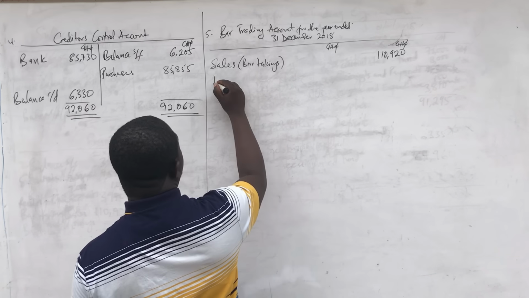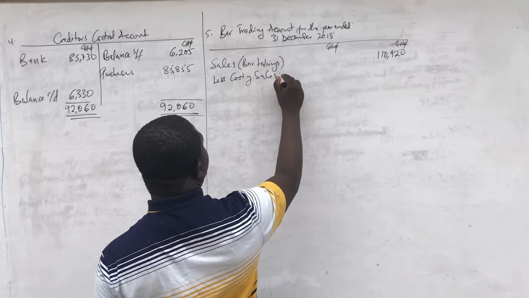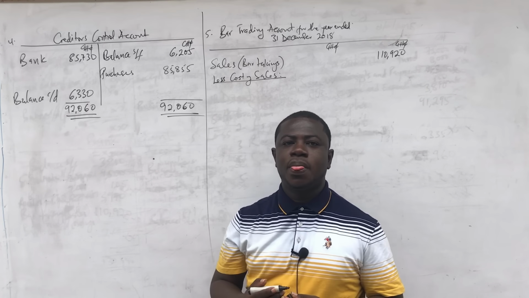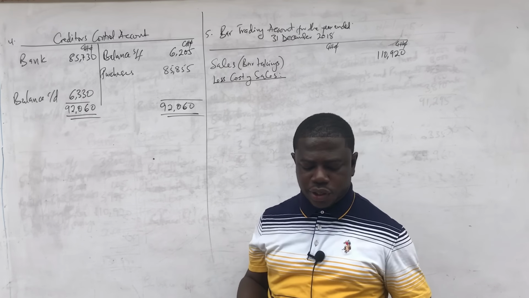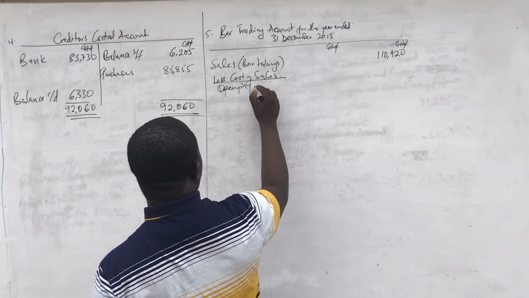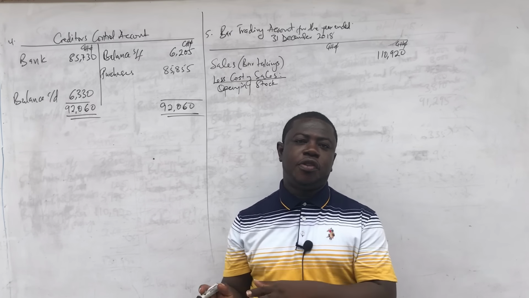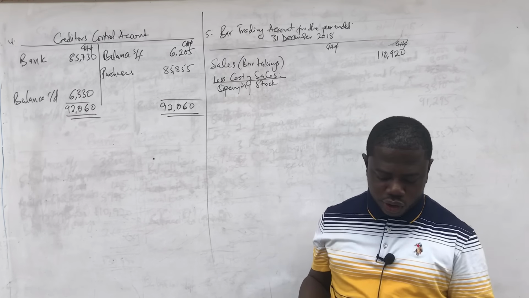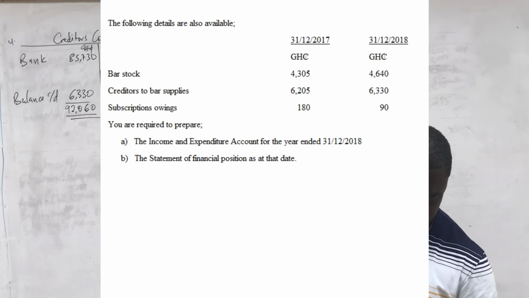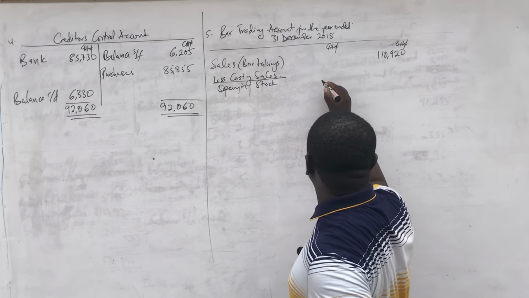So after sales, we less the cost of sales. We don't have any returns or any adjustment on the sales. And so we take out our cost of sales. So we begin with the opening stock. And remember, the opening stock, we have that in the question. That is the bar stock. We have opening stock for the bar, and then we have the closing stock for the bar. So going through the question, bar stock, the opening is 4,305.